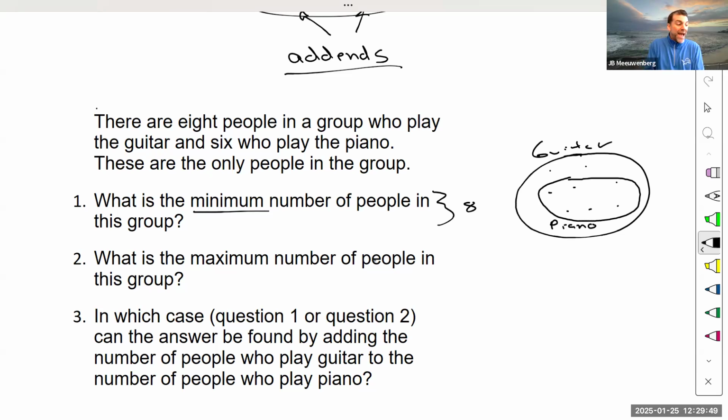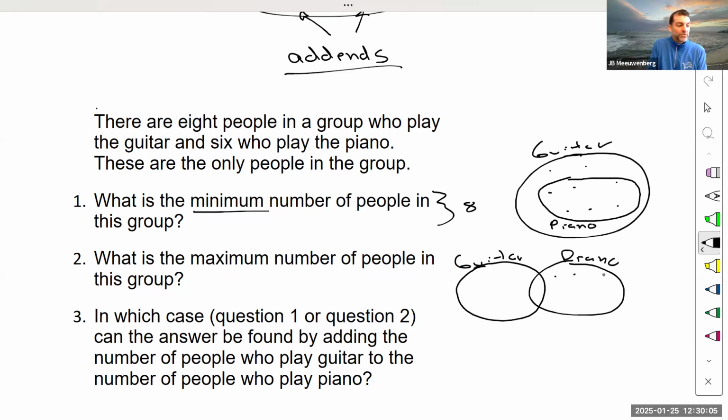The second one is, what's the maximum number of people in this group? Well, if you're trying to find a maximum number of people, you're really looking at 2 sets, one who plays the guitar, and I'll say the other one plays the piano, but the 6 people who play the piano, 1, 2, 3, 4, 5, 6, don't play the guitar. None of them play the guitar. And the 8 people who play the guitar, 1, 2, 3, 4, 5, 6, 7, 8, none of them play the piano.